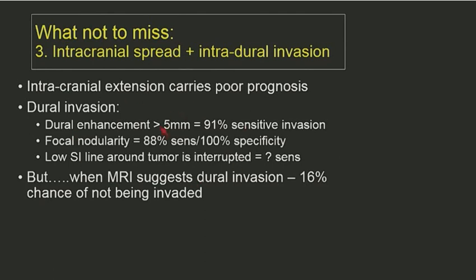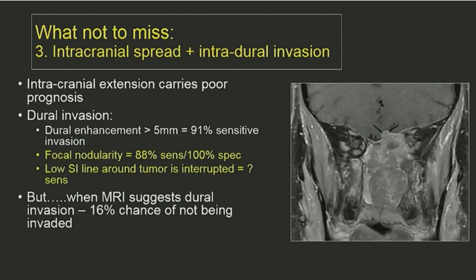Even with all these factors together, it is said that there is only a 16% chance of being intradural. So rarely should those findings necessitate not going to the OR, because you still have a 16% chance of no intradural extension. This project desperately needs to be redone.